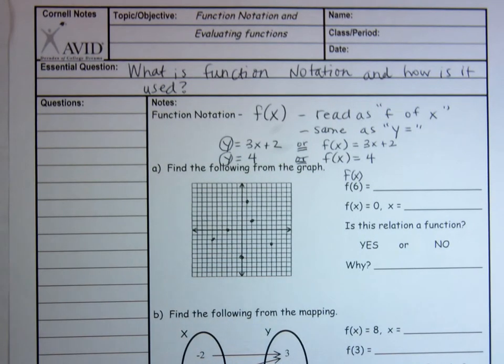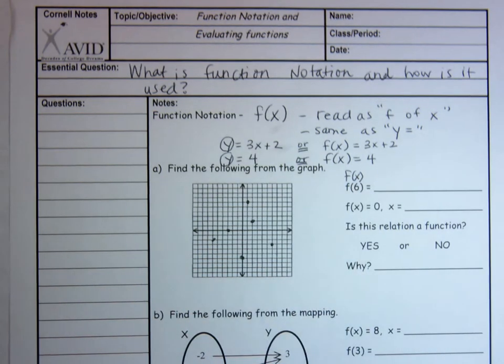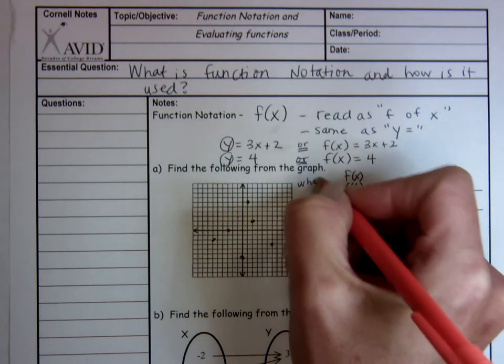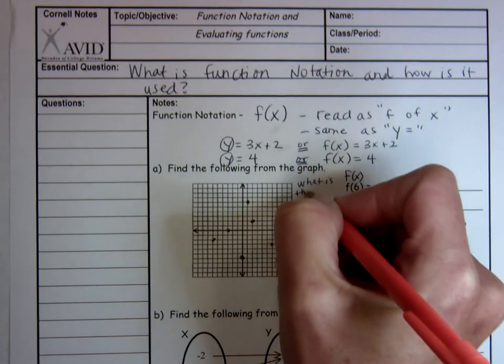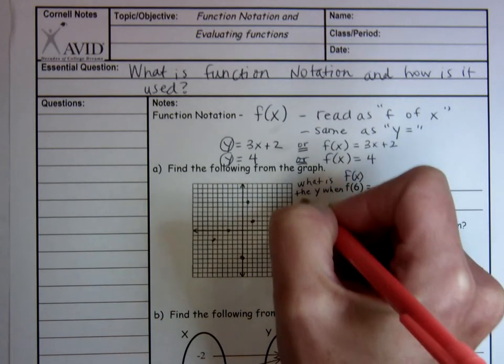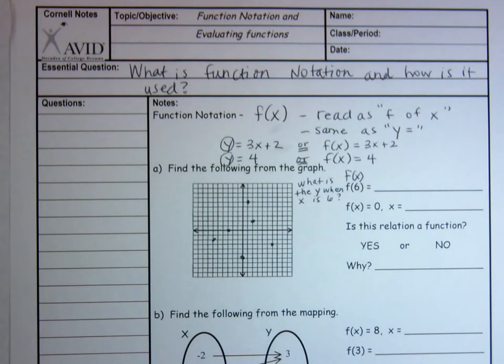What has been replaced? When you put the 6 here, the x has been replaced. So the question that you ask yourself is, what is the y when x is 6?